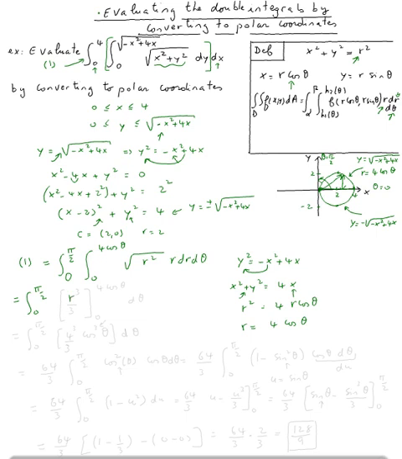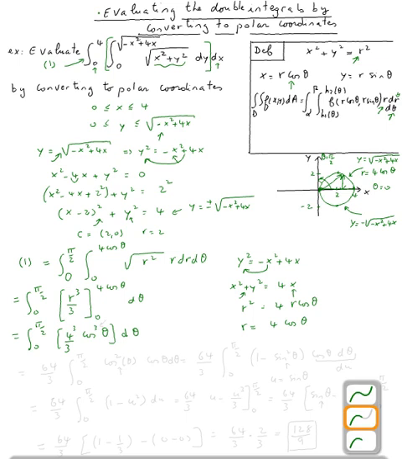So the integral will be r cubed over 3 between 0 and 4 cosine theta d theta, which is equal to, plug in the cosine, that would be 4 cubed cosine cubed theta over 3, and then minus, plug in a 0, you're just going to get a 0, so we don't have to write it, minus a 0, d theta.